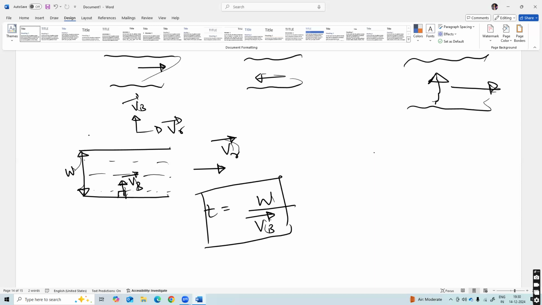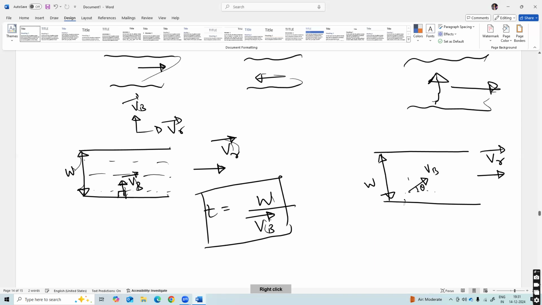Whereas, again let's say VR is the velocity of the river, and you consider a case where VB is in this direction, making some angle theta, and the width of the river is given as W. Then VB cos theta is the horizontal component of velocity of the boat, and VB sin theta is the vertical component.